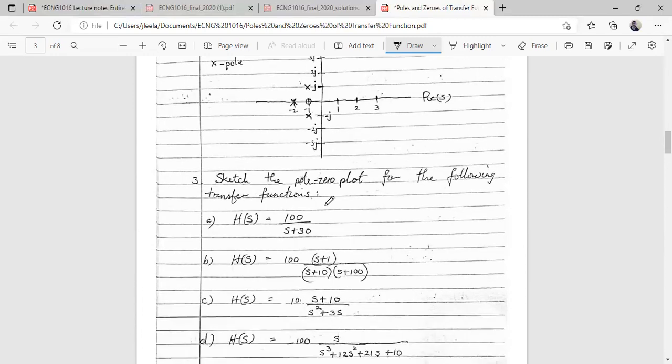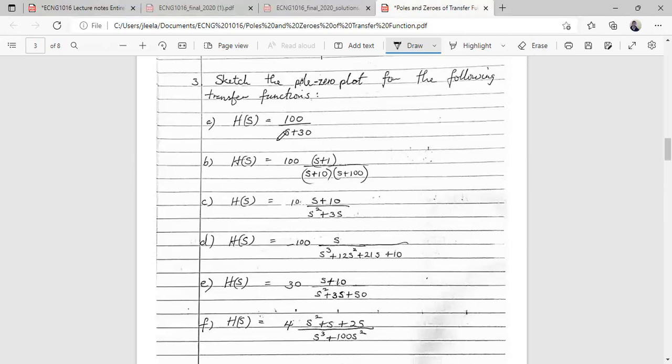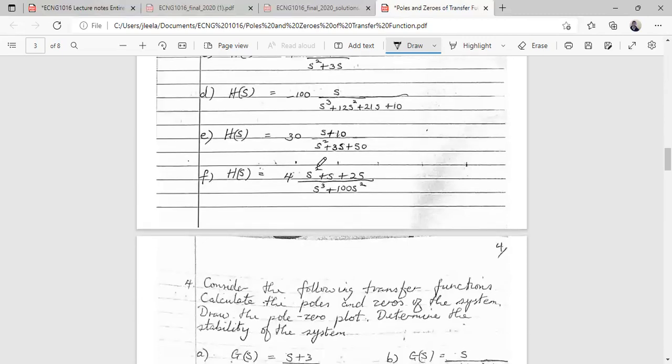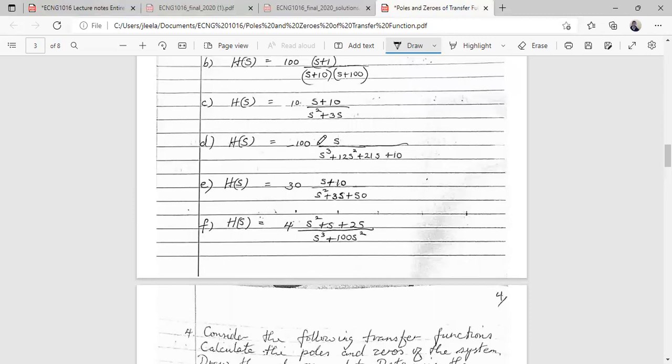Okay, number 3. Sketch the pole-zero plot for the following transfer functions. A: H(s) is 100 over s plus 30. B: H(s) is 100 into s plus 1 over s plus 10 into s plus 100. The next one, C: 10 into s plus 10 over s squared plus 35. D: 100 into s over s cubed plus 12s squared plus 21s plus 10.